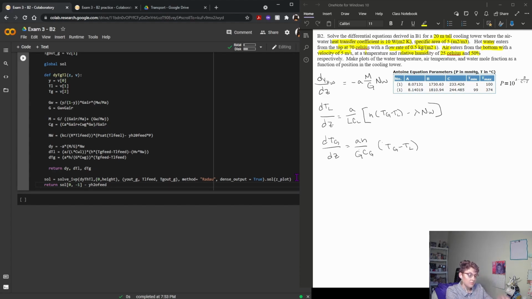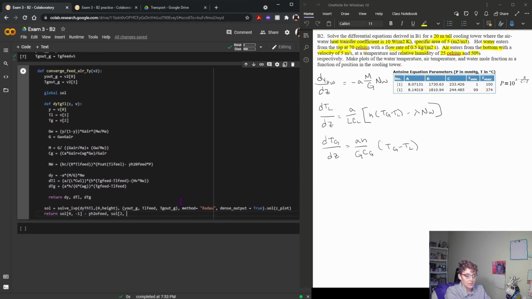And then we also want to return our third item, the other guess that we inputted, the temperature of the gas. So we will once again use this -1 to choose that at z is equal to 20. And then we will be subtracting our temperature of the feed.